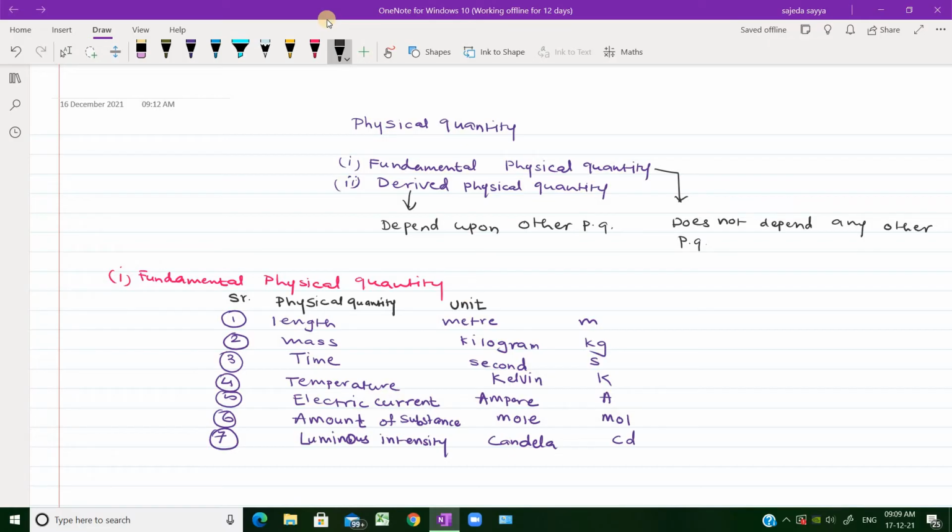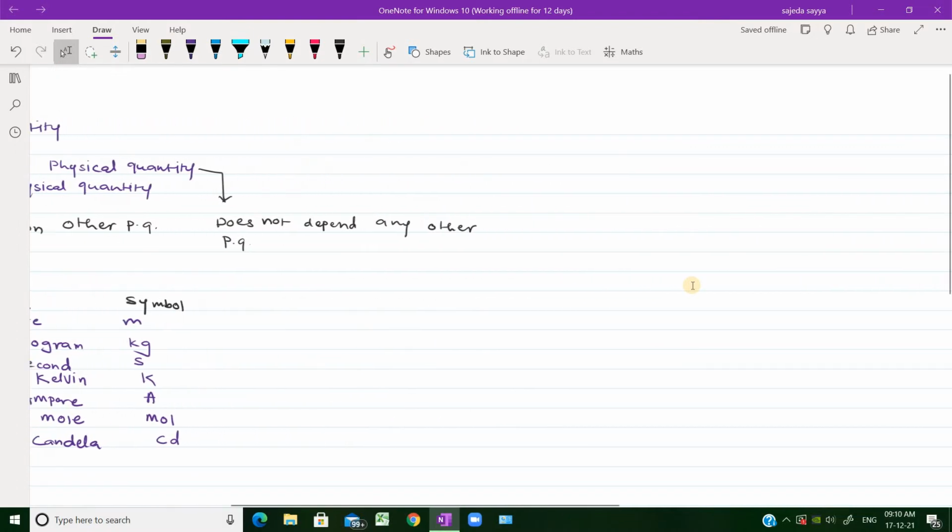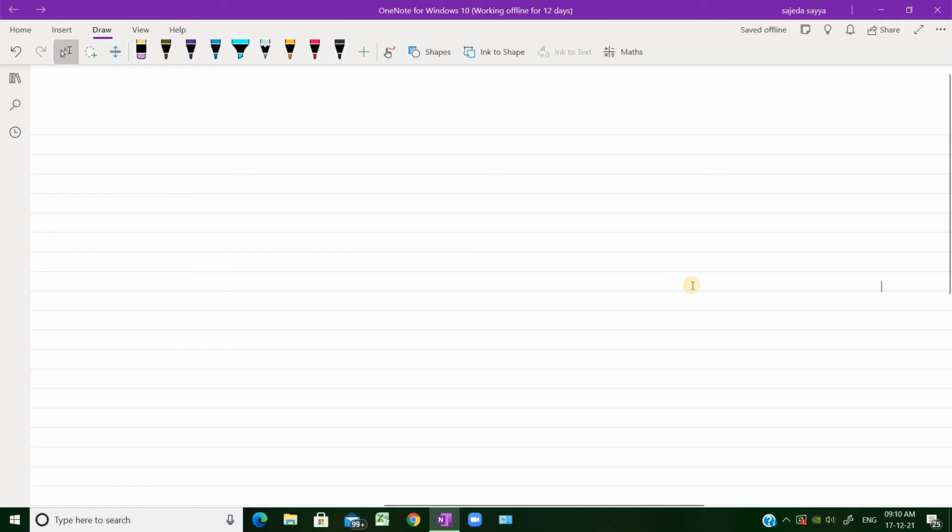Now what is a unit? In earlier times, there were many systems of units which were used, but they were not common all over the world. There were different systems of units that were followed. To understand these systems of units, first of all, let us try to understand what is meant by unit.